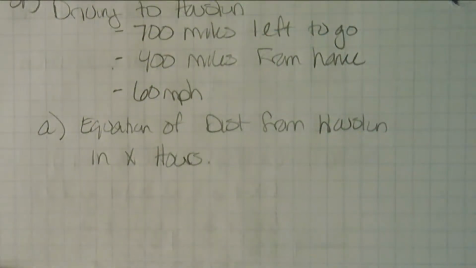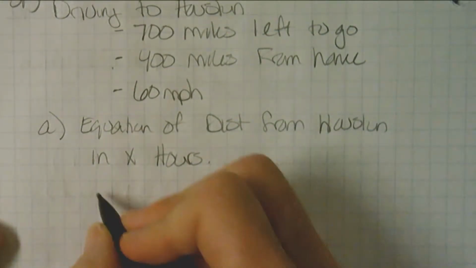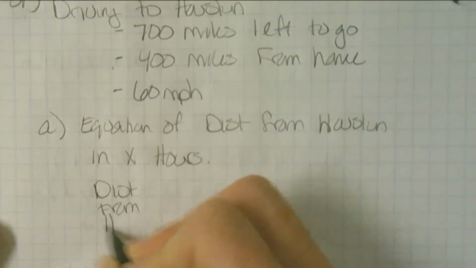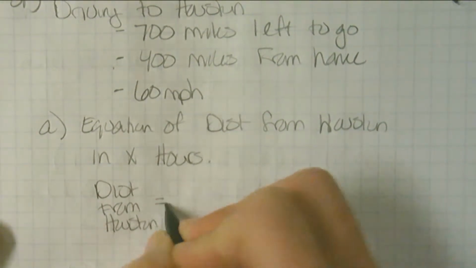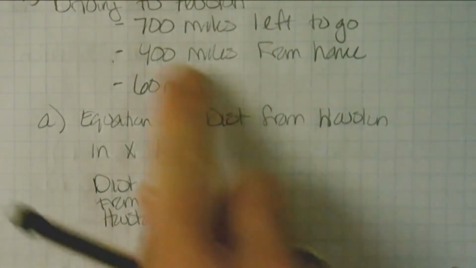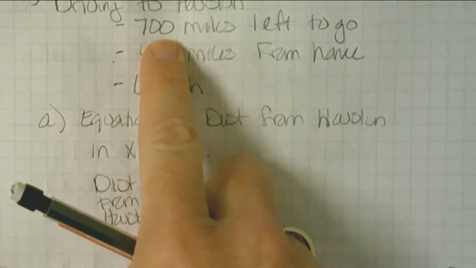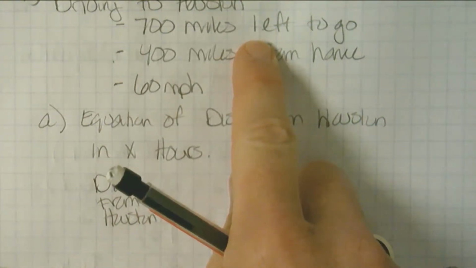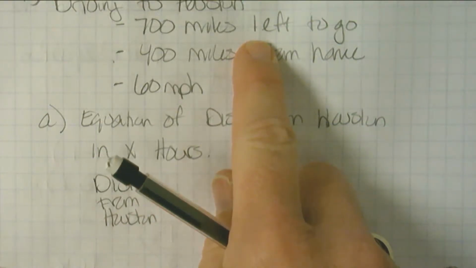So if I say distance from Houston equals, all right, well, right now they're 700 miles from Houston. How many of you guys agree with that? Okay. If they go another 100 miles, how far are they from Houston?